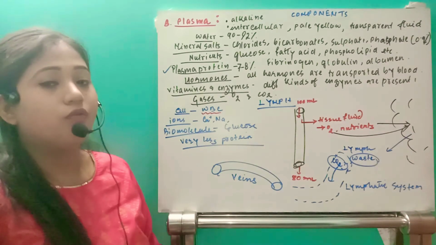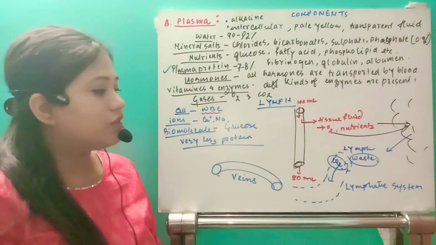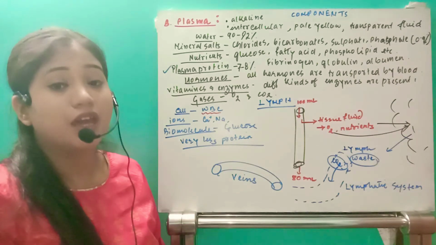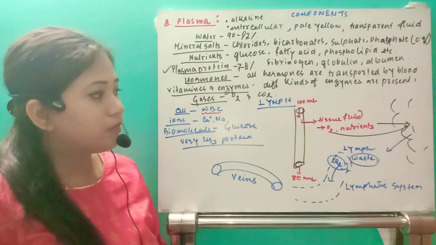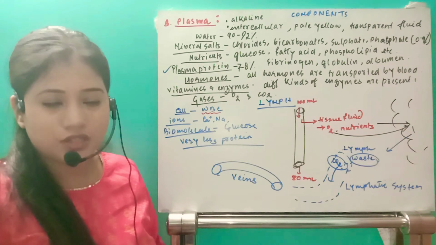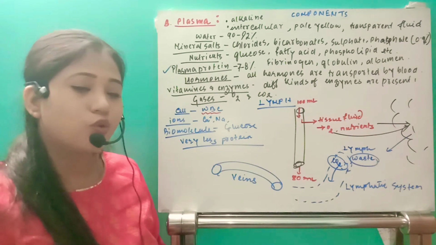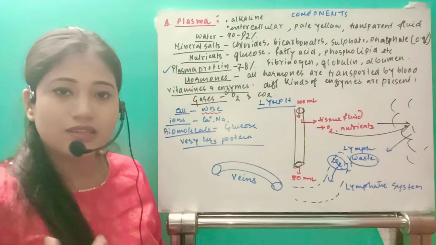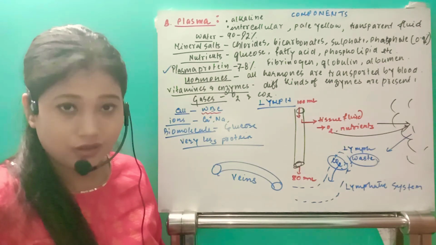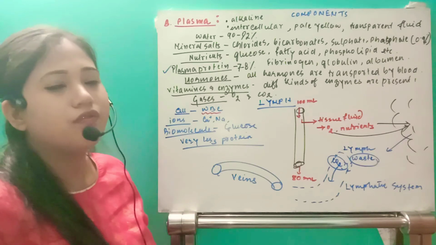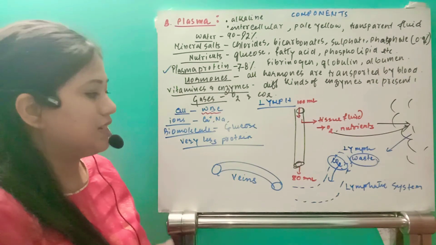So what is the function of lymph? It will carry carbon dioxide, it will carry waste, and it will give a moist, fluid environment so that the cells can survive, because cells require a moist environment to survive.